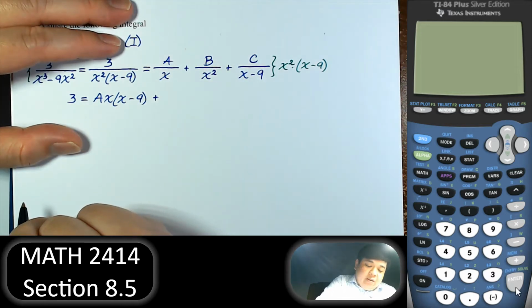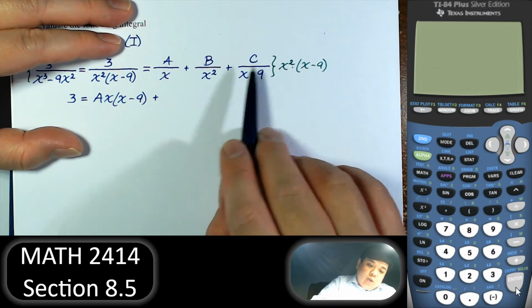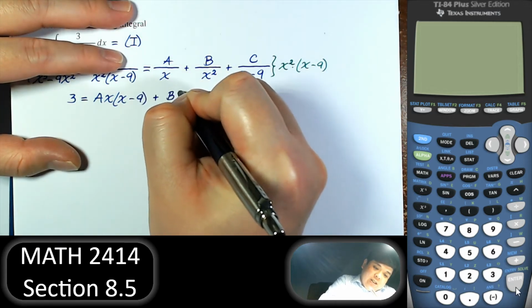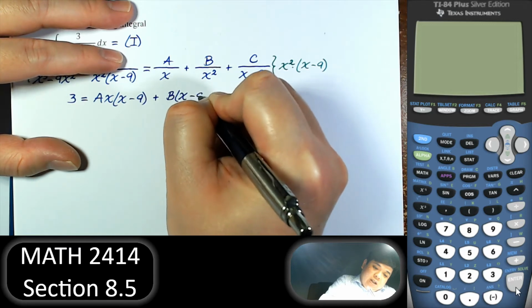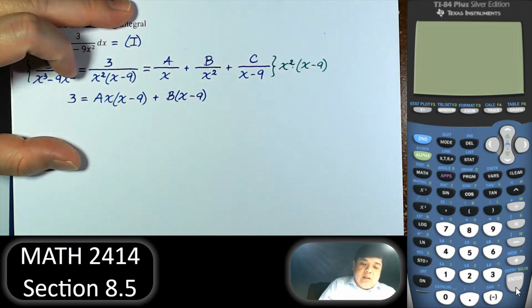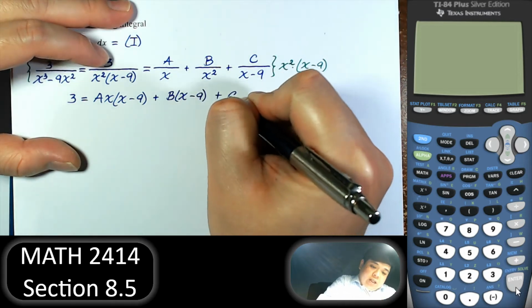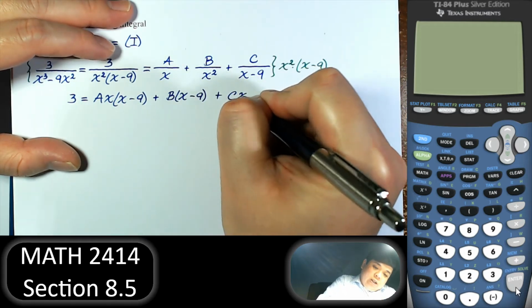And then we have x squared cancel out, B times x minus 9, and x minus 9 cancels out, we have C x squared.